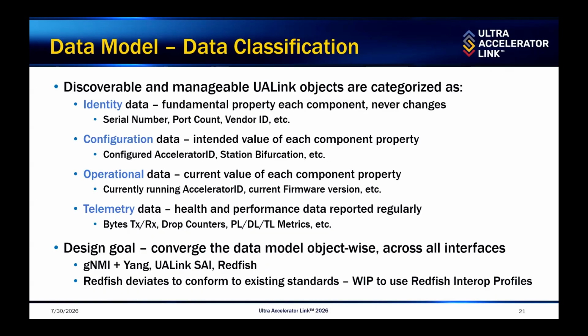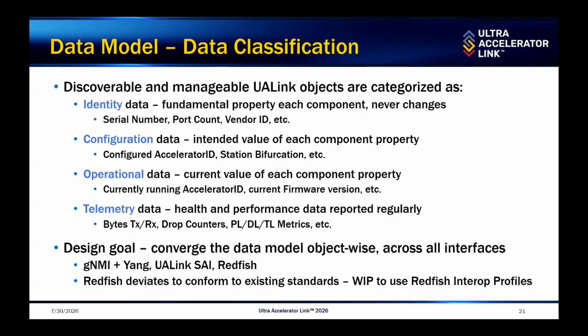A couple of interesting bits there: other than typically what the admin state is, you can have admin state for each of the protocol layers that Derek went through, and then we also allow the configuration of the accelerator ID itself.